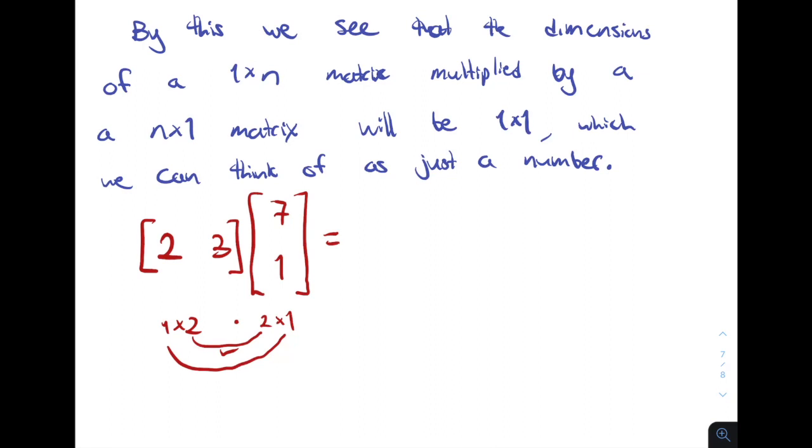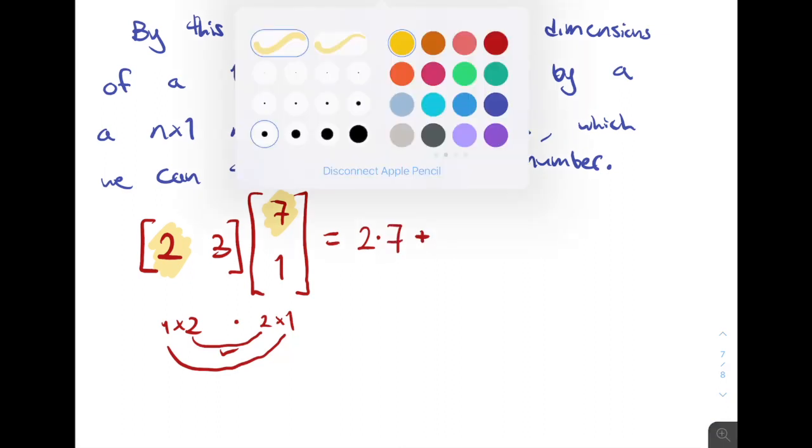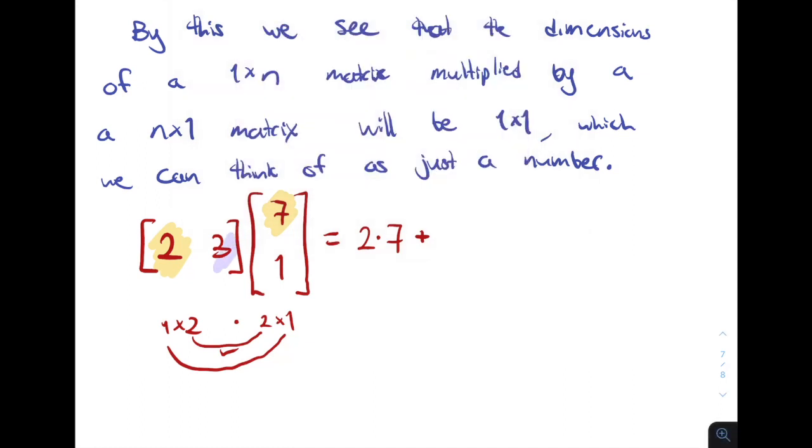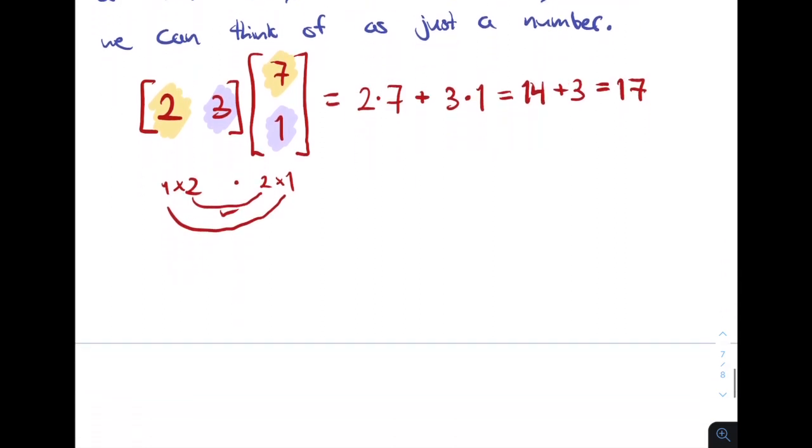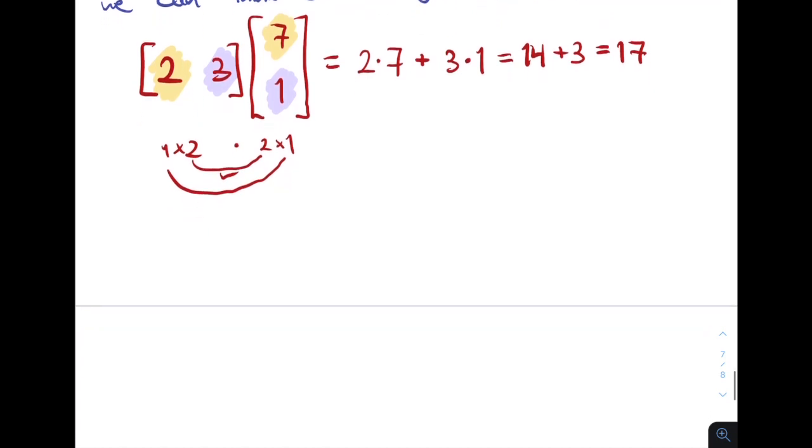To actually calculate it, we're going to multiply the first entries of both, and we'll add it to the product of the second two entries. This pattern is going to be the essence of our matrix multiplication.